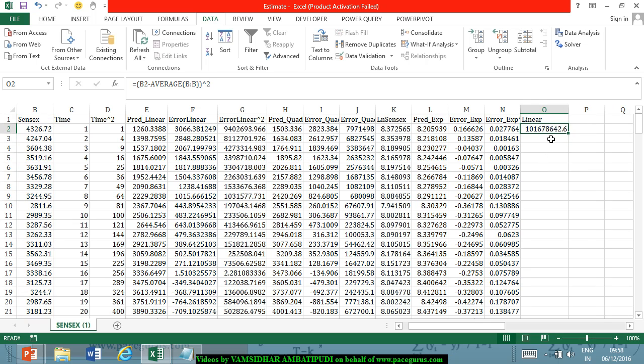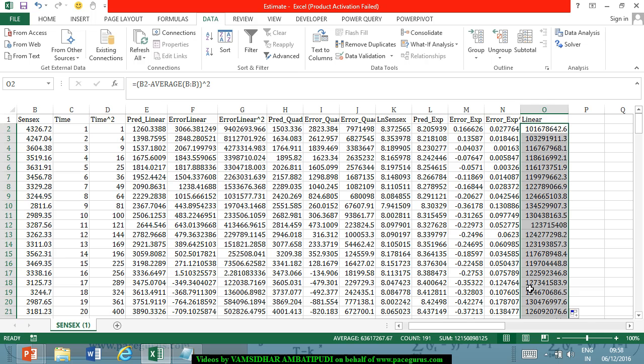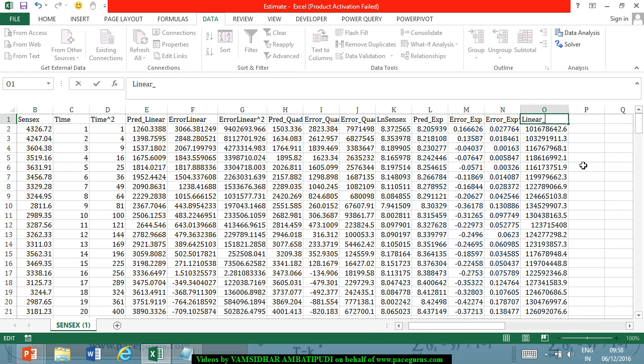Right? This is in case of linear. Remember, for linear and quadratic, both of these will be the same because observation minus the mean of it squared. So for linear and quadratic, this number is going to be the same.